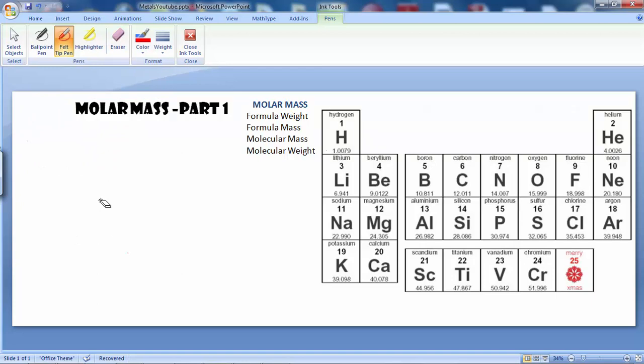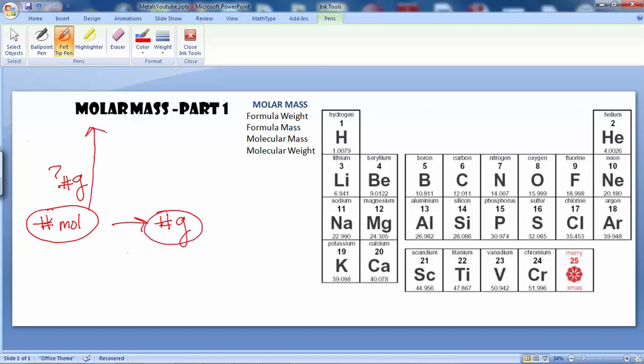Now let me say this: if I give you a problem and I want you to find the number of grams, and I give you the number of moles, this going from moles to number of grams incorporates calculating the molar mass.